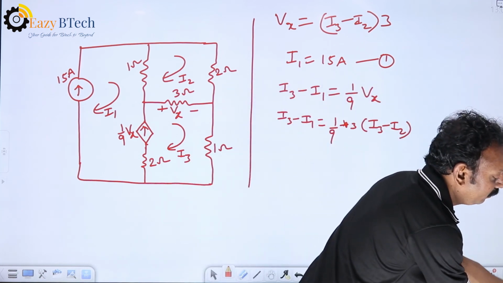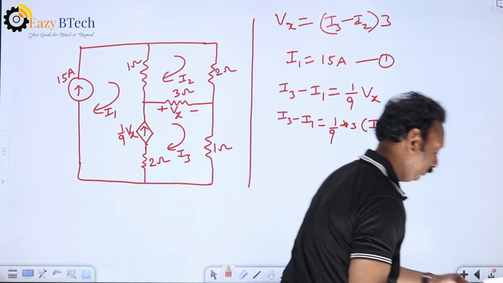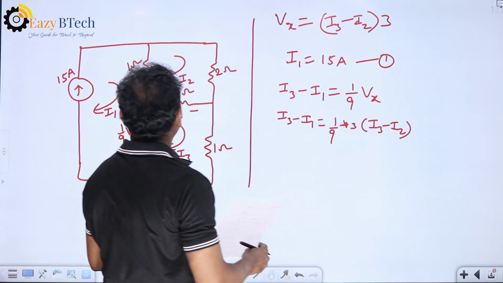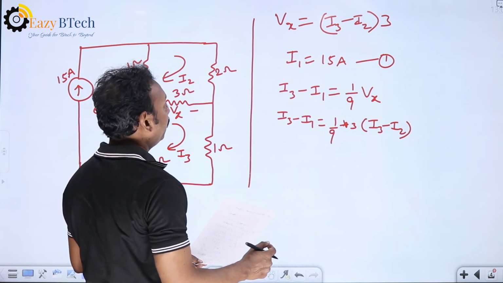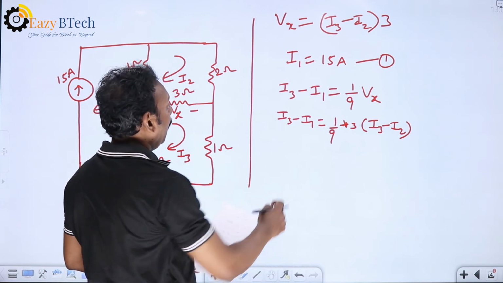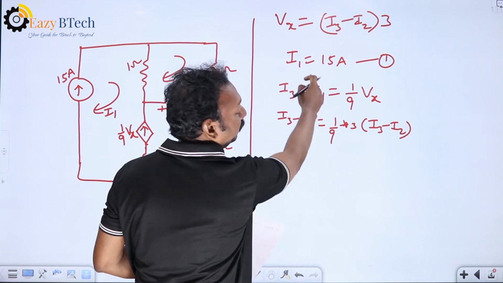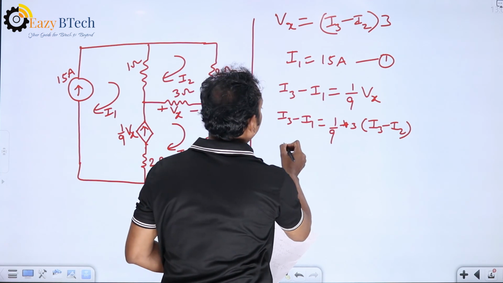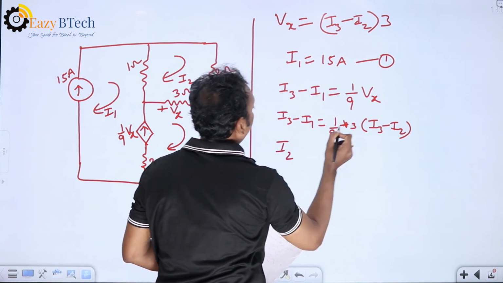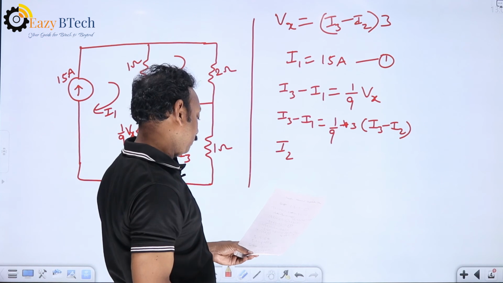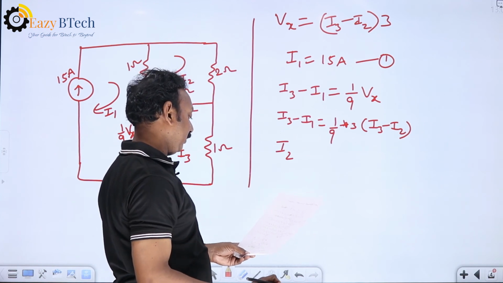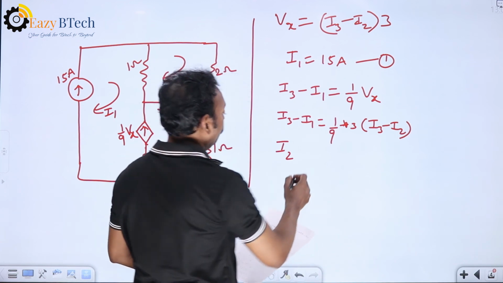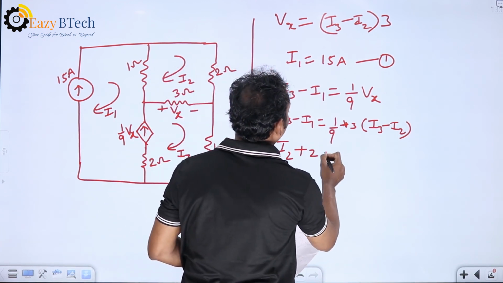After simplifying this one, and substituting I1 equal to 15 ampere in this equation, you will get I2 plus 2I3.